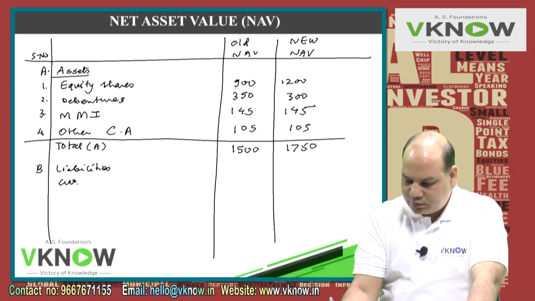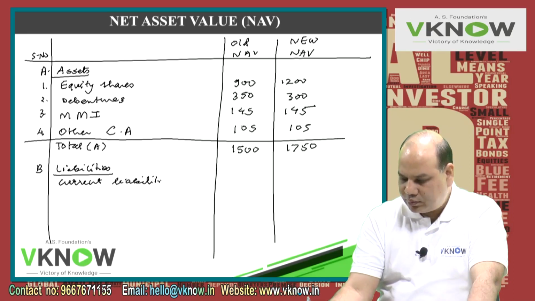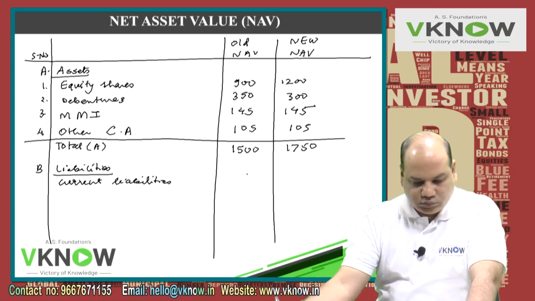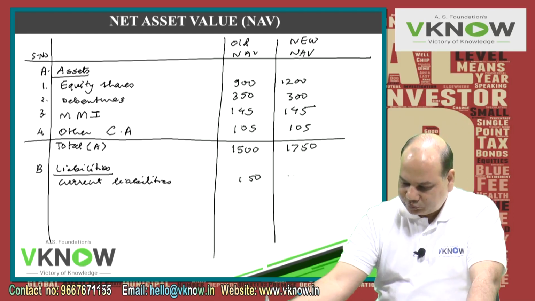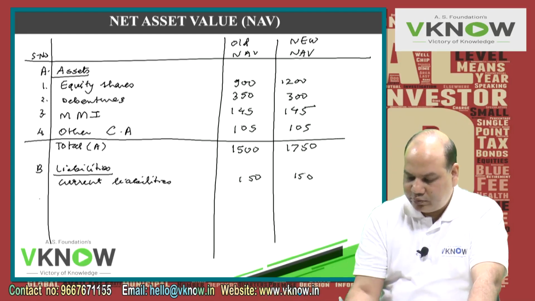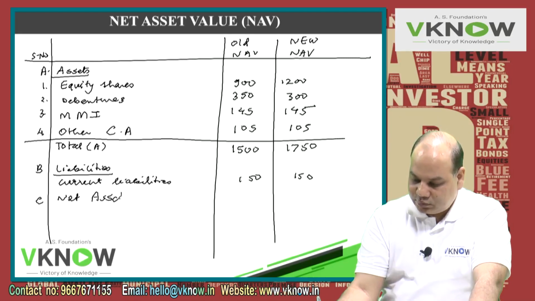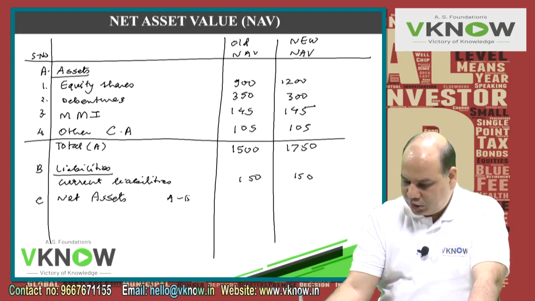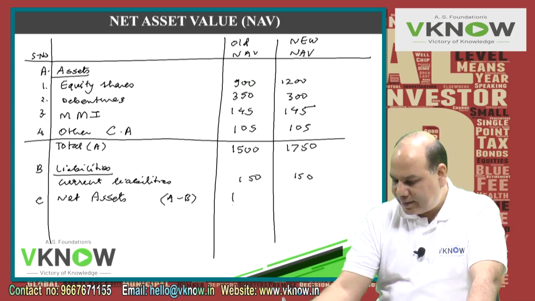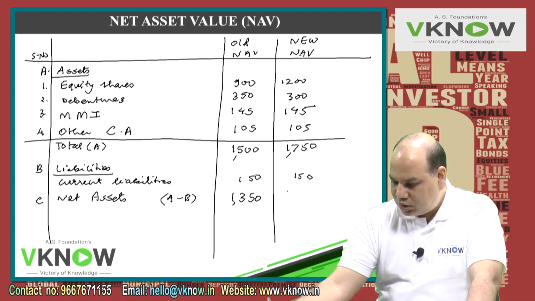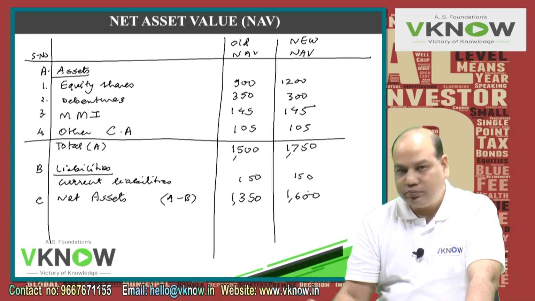Under that current liabilities 150. Point C, net assets, A minus B, 1350 and 1600.